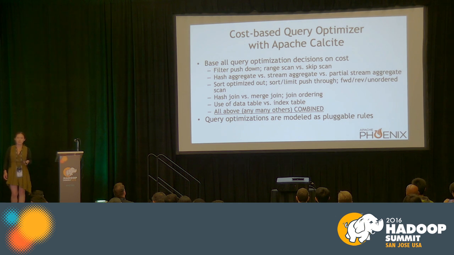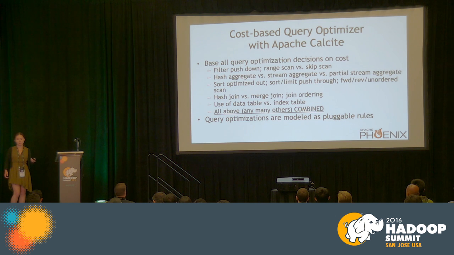So now that we know that we're going to have this cost-based query optimizer, what does it actually mean in the Phoenix project context? Let's take a look at the existing Phoenix optimizations and features first.